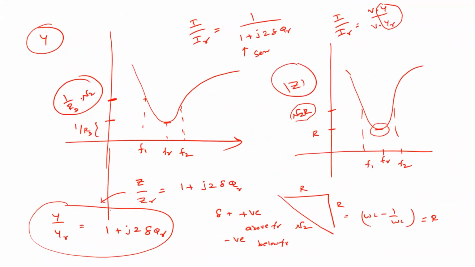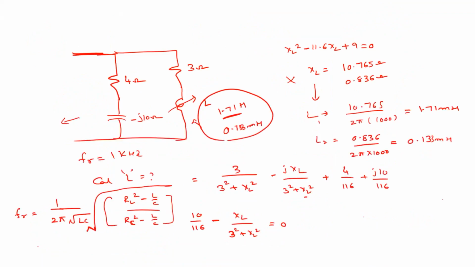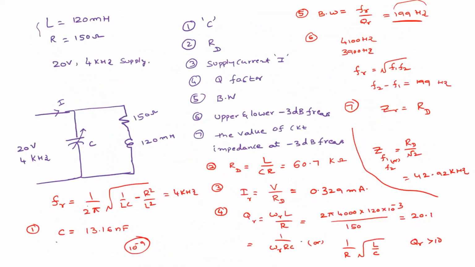This is the one we explained, right? What is this? This is the maximum possible impedance of the circuit, agree? So you have RD here, and here you have F1 and here F2.